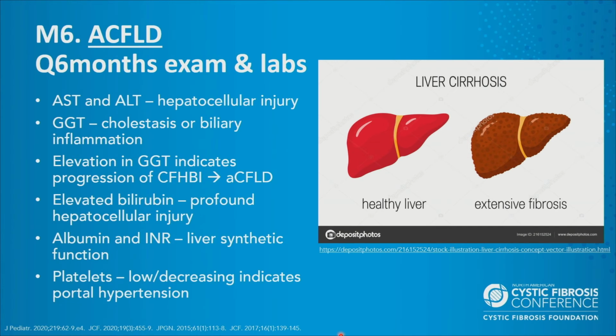Albumin can sometimes be difficult to interpret because it is an acute phase reactant and can sometimes be decreased when you have significant inflammation. In terms of platelets, whether they're low or even if you see decreasing normal values, this can be an early indication of developing portal hypertension and often is also accompanied by an increase in your spleen size.